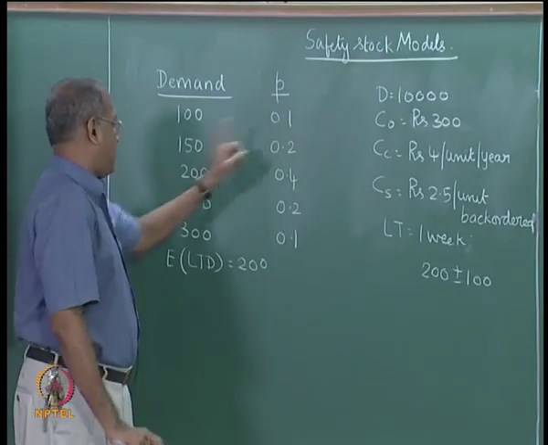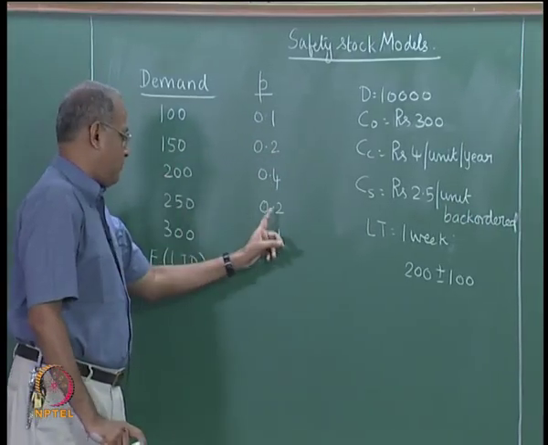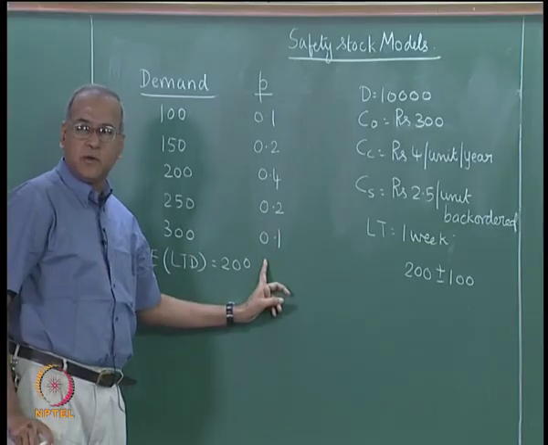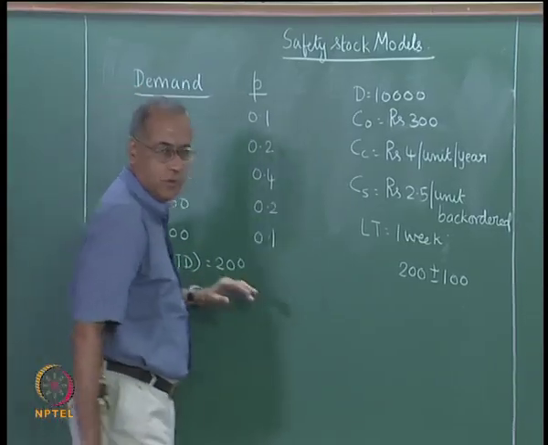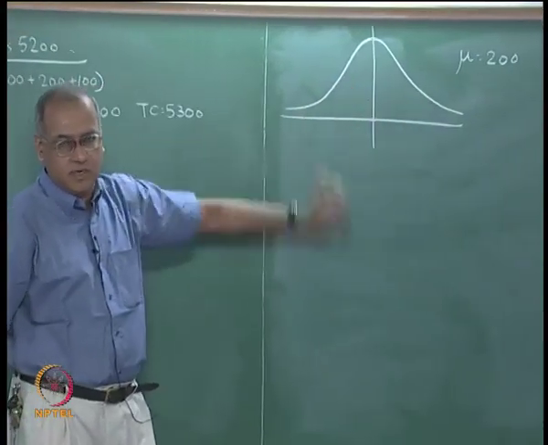So 100 into 0.1 plus 150 into 0.2 plus 200 into 0.4, 250 into 0.2 plus 300 into 0.1 gives an expected value of 200. So we assume that the normal distribution has mu equal to 200.